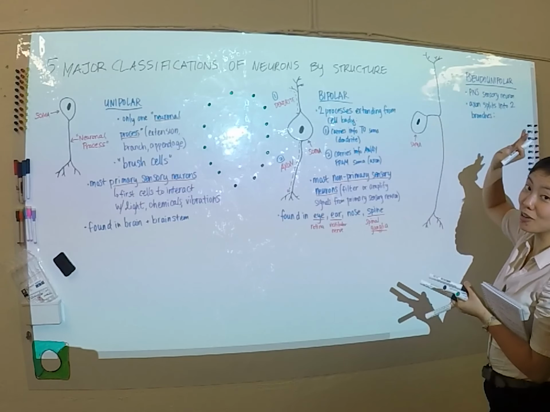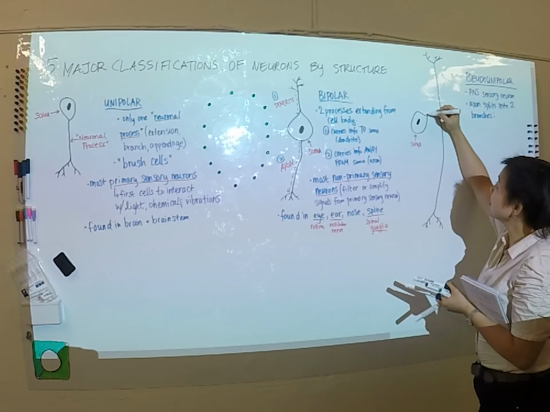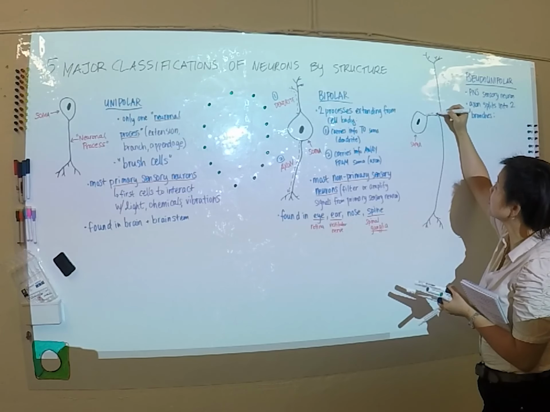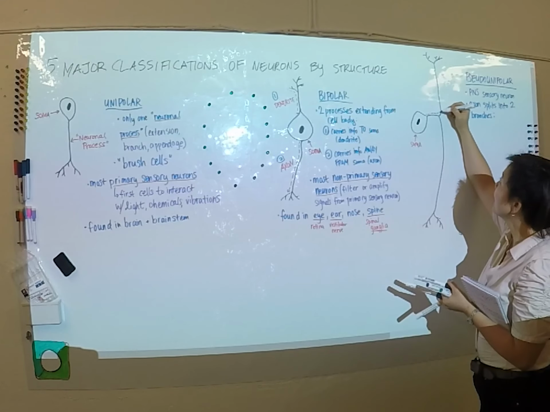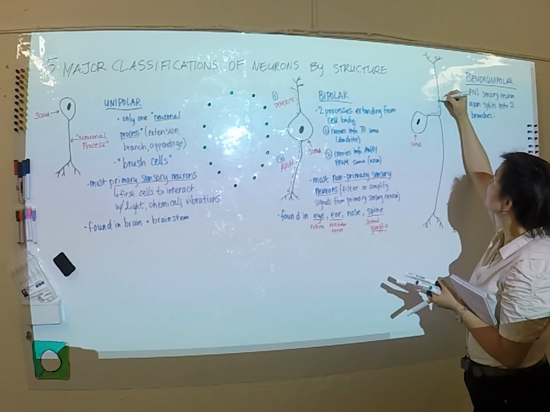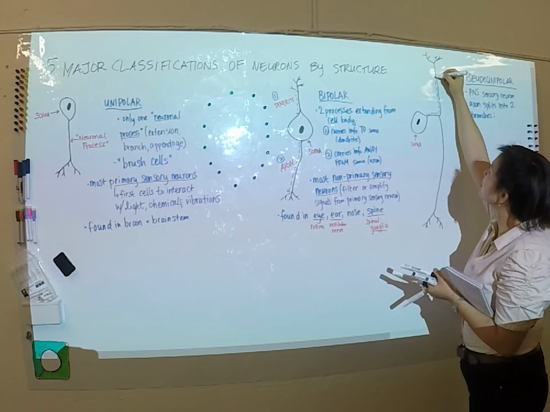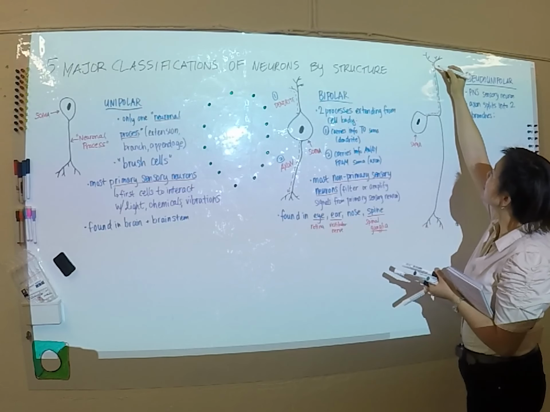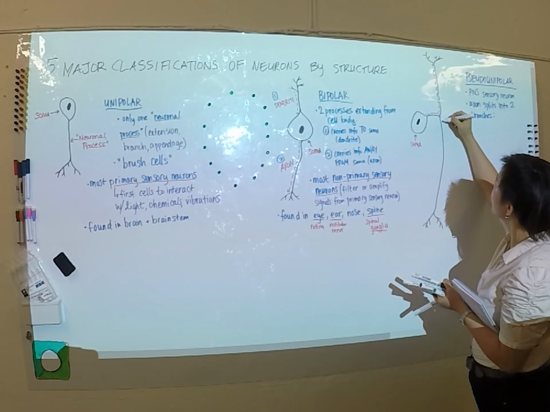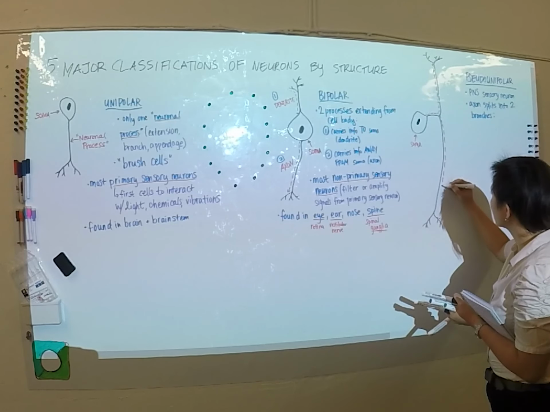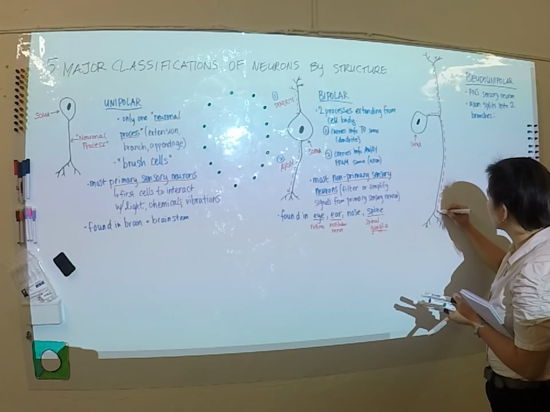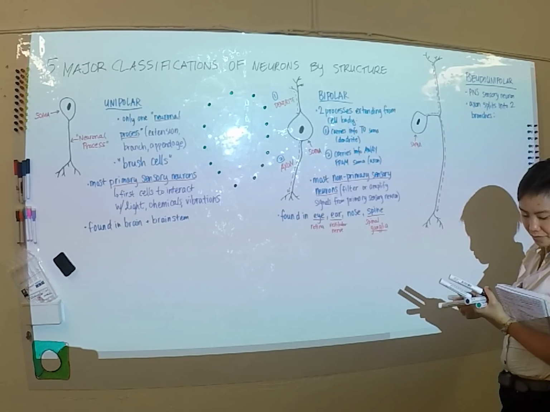So this is an axon because this thing is carrying electrical signal away from the soma, okay? And then when it splits, one goes that way, and this one goes this way.